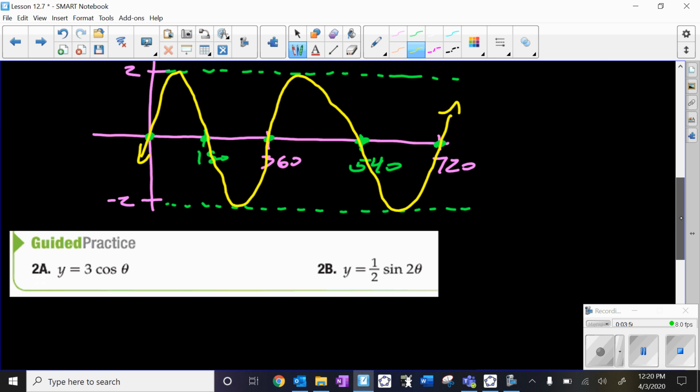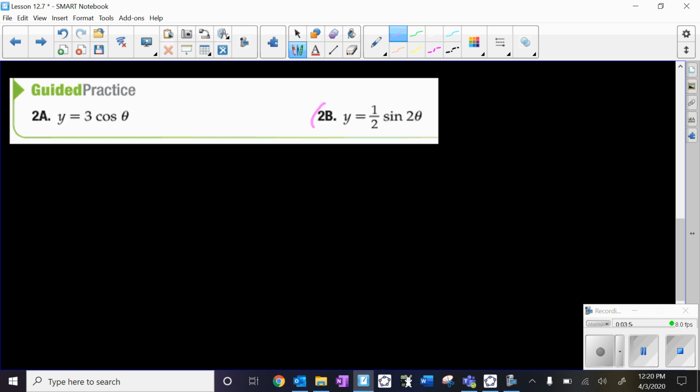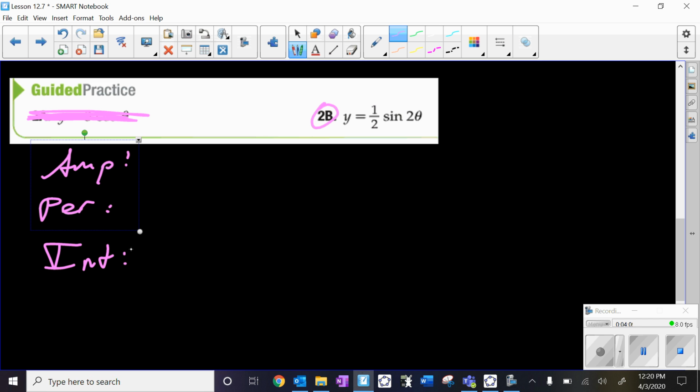Let's do one more. Let's do 2b as well, just focusing on sine for now. So in 2b, I want to come up with the amplitude, the period, and at least 1 intercept.